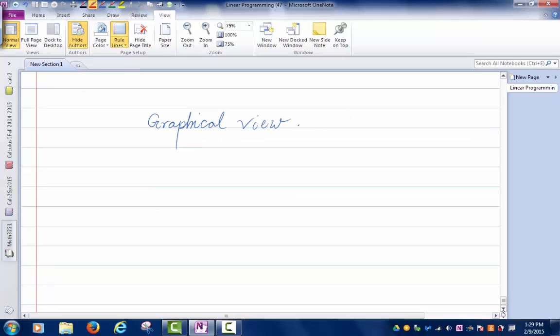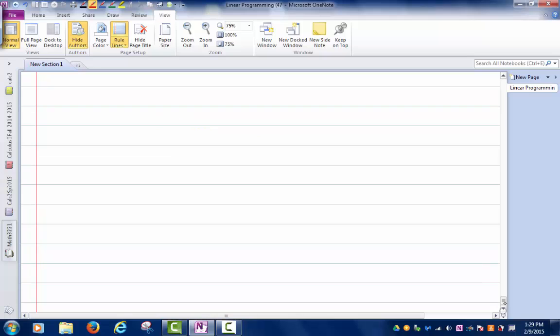So let me recap what I just said. There is the initialization step. This is where, for now, we are going to assume that we start with the origin.